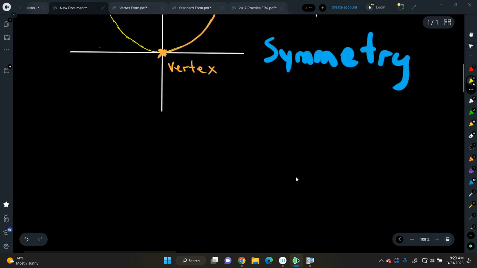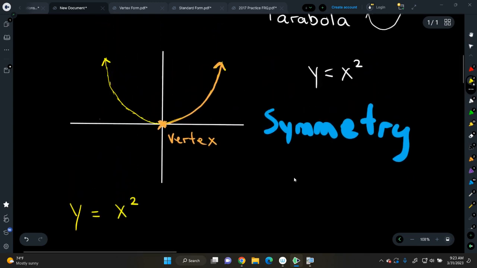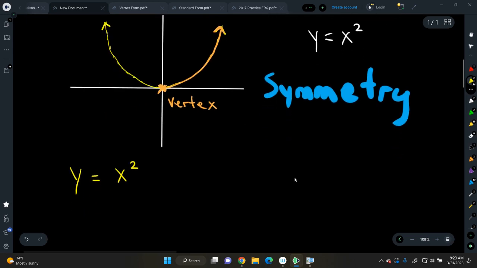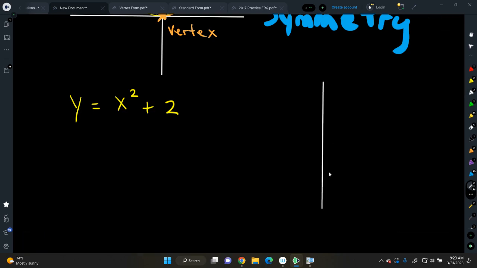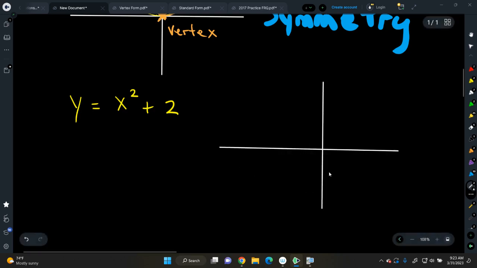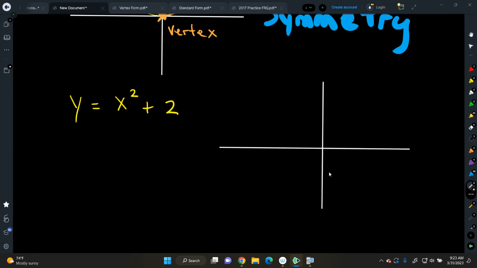Let's look at the equation y equals x squared. That's what I just graphed, right? Y equals x squared plus 2. What happens if I add 2 like that? What happens to my graph? Remember when we learned how to graph absolute value equations? What happens when I add 2? Anybody remember?